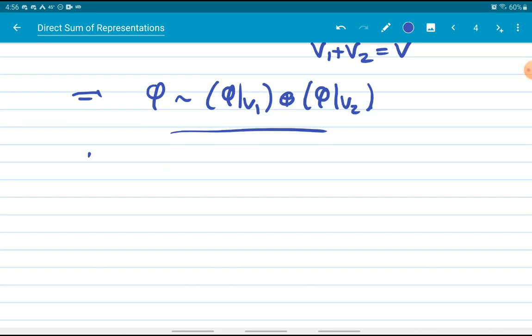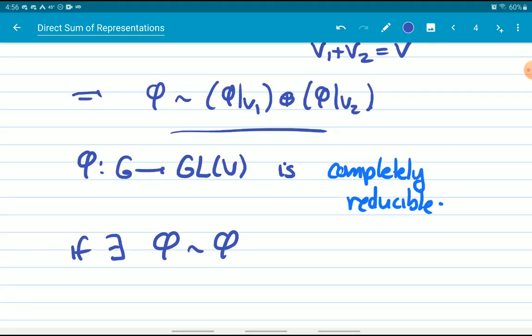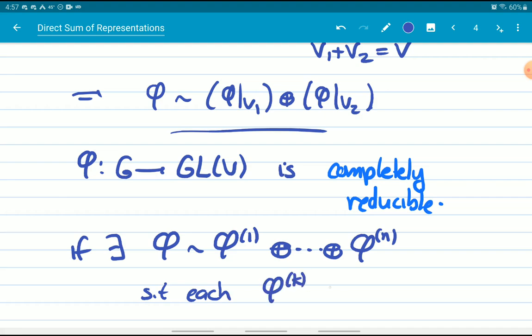One more definition: the representation is said to be completely reducible if there exists an equivalence to a direct sum of a finite collection of representations such that each of these representations is irreducible.